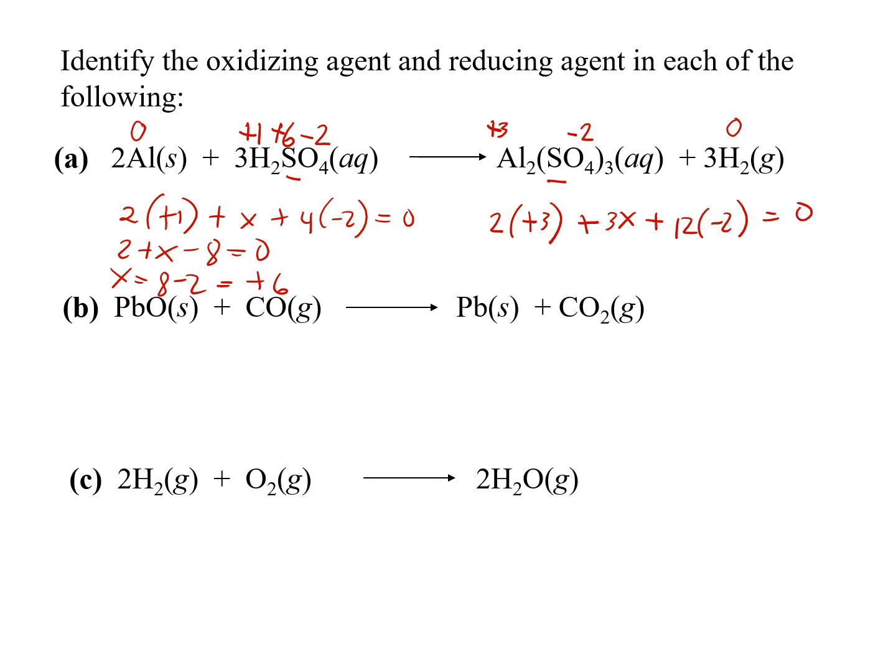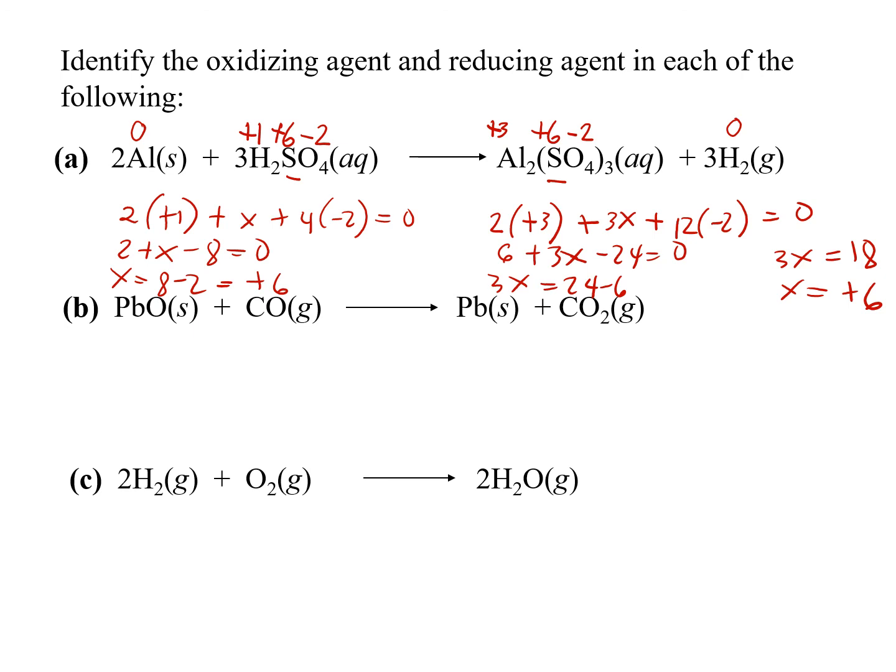So that is 6 plus 3x minus 24 equals 0. That's 3x equals 24 minus 6, or 3x equals 18. So x here is positive 6. Our sulfur's oxidation number did not change.